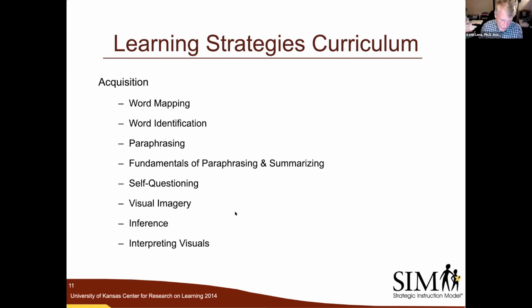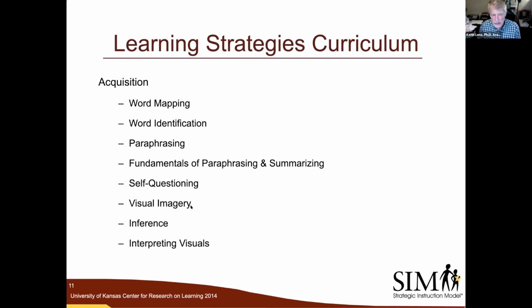What's important here is that most of these interventions, besides fundamentals of paraphrasing and summarizing and word identification, typically require a student to read approximately at the 4th grade reading level, which means that they are past the decoding stage and they're moving to reading whole paragraphs, but then when they read a paragraph, they can't tell you what they've read.